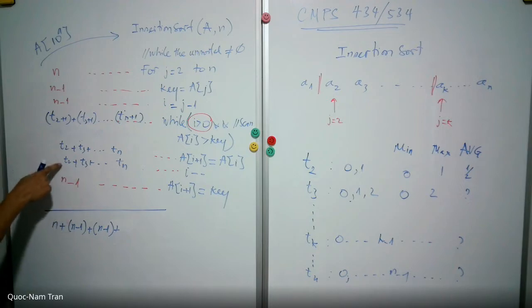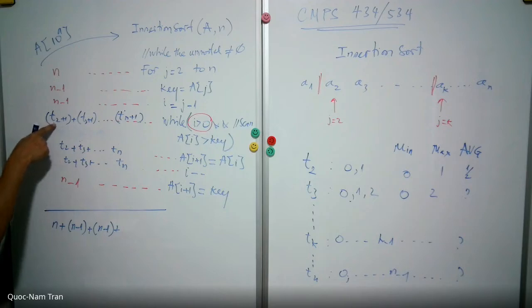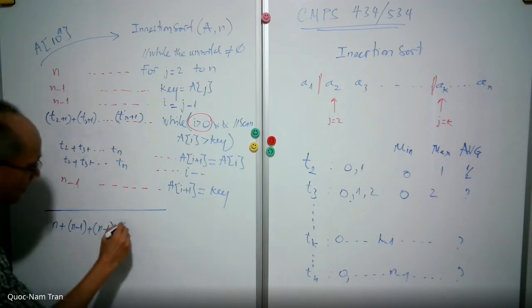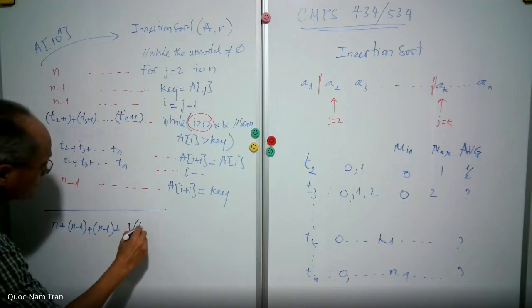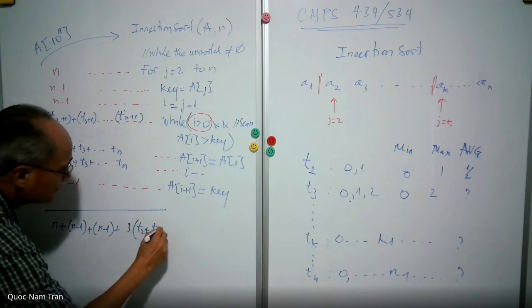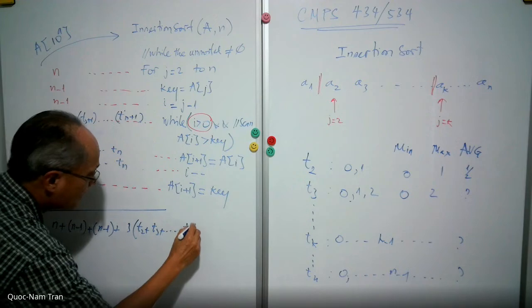This one we can combine, 2 times of this, and actually we have 3 times T2 plus T3 plus Tn.